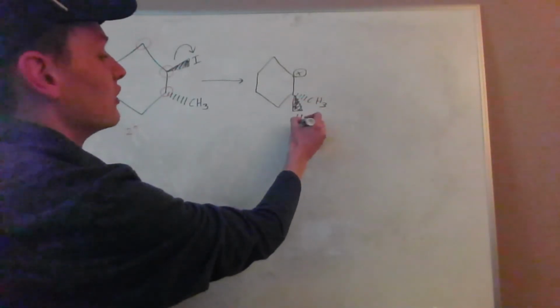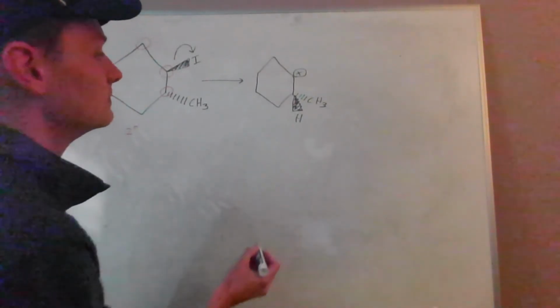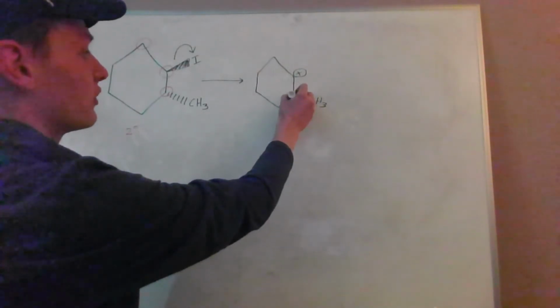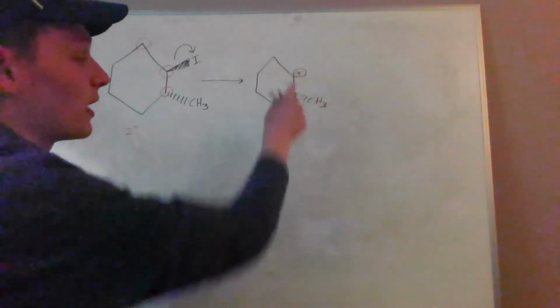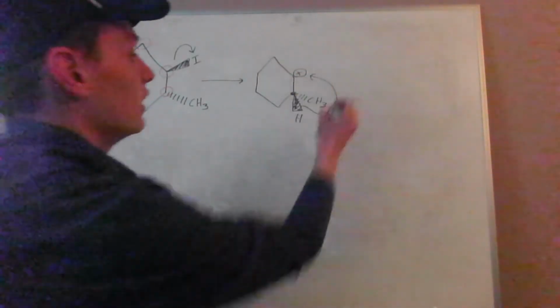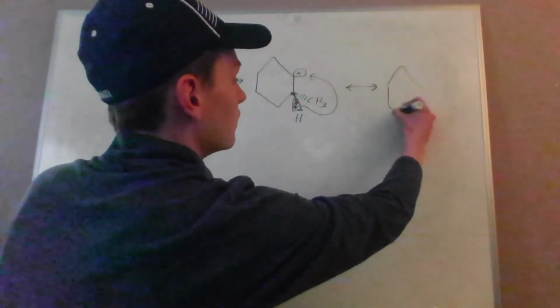Man, that's a bad wedge. But it is a wedge nonetheless. So what this would mean is, look, this carbon has 3 carbons bonded to it, so we could try to get the positive charge there since our positive charge is adjacent by moving this hydrogen over, okay? So then we get this, right?